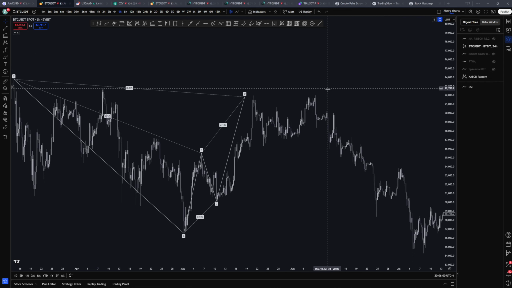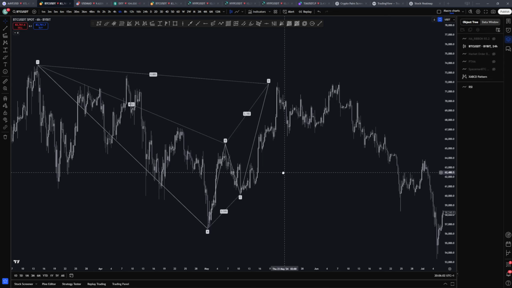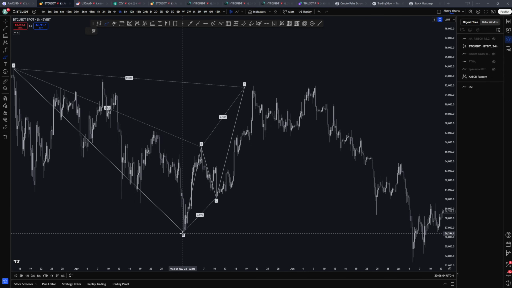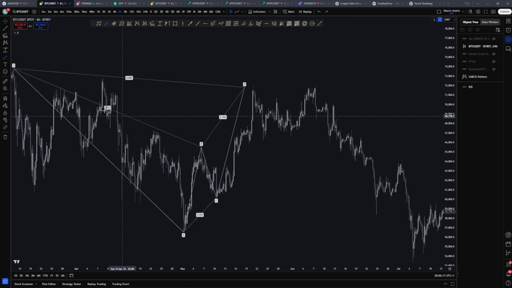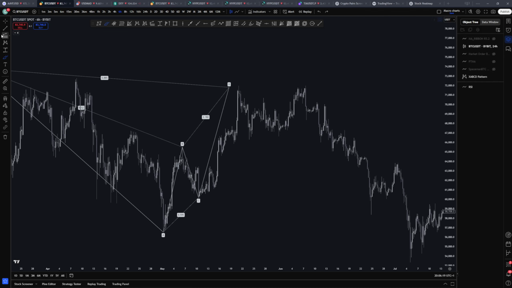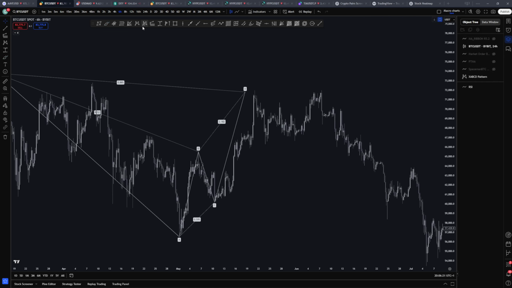Now, what you may notice when I draw this is, first of all, we have an A, B, C, D. That is what we just drew. That is a tool we essentially just used. That is this one. It calculates the same thing, and it is, quite frankly, the same thing. That is also why harmonics start with an X. However, as you can see, if we actually draw the ABCD, hey, it didn't react at all.